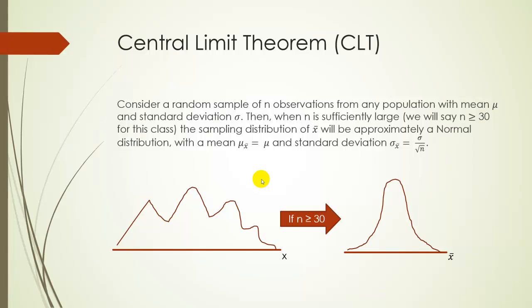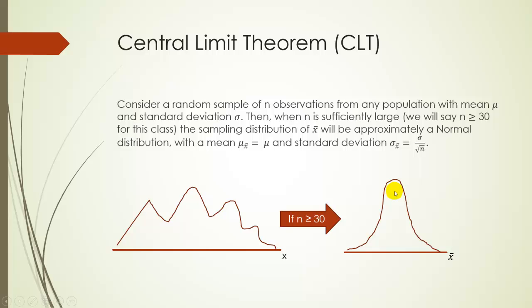And just to summarize it, the idea is that if we take a random sample of n observations from any population with a mean of mu and standard deviation of sigma, then when n gets sufficiently large, and we'll say n greater than or equal to 30 for this class, the sampling distribution of X bars will be approximately normal, with a mean of mu X bar and a standard deviation of sigma over square root of n.